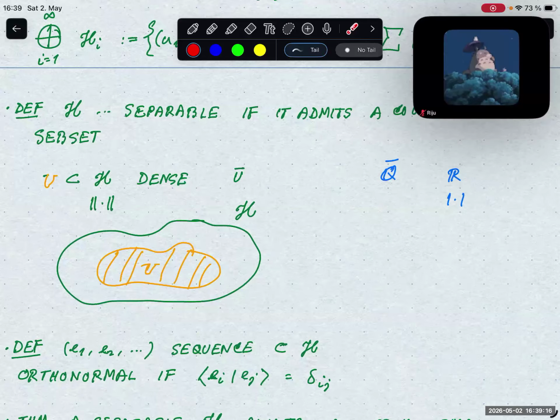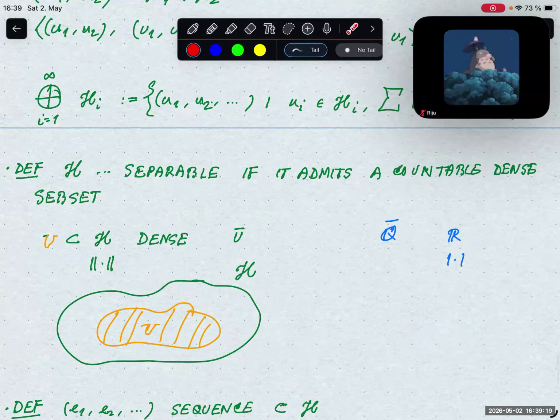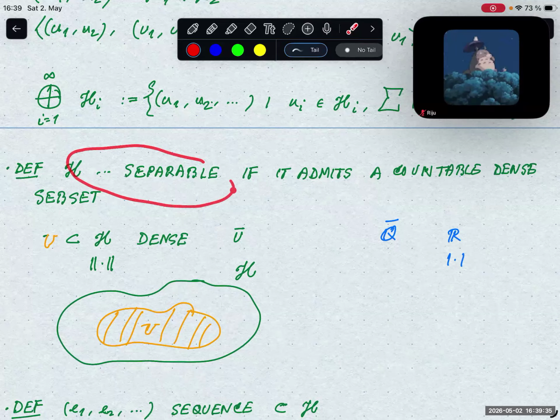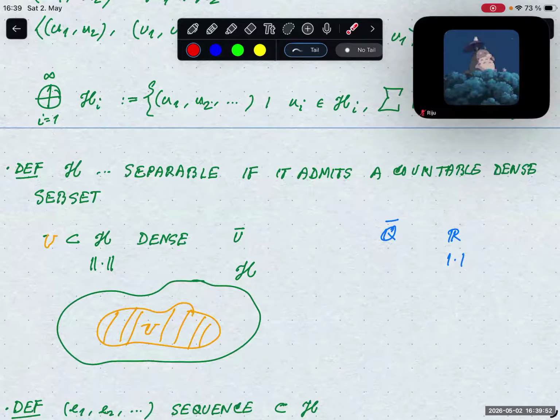I cannot see what will go wrong, because to define separable we need the notion of denseness, and once we have a norm, we have a topology, so we can define density. And countability is independent of the Banach or Hilbert space structure. So I think such a notion should exist in the setting of Banach spaces, but I cannot assure you because I don't recall exactly whether I have seen it in a standard reference. But I don't see what can go wrong. Let's put it this way.